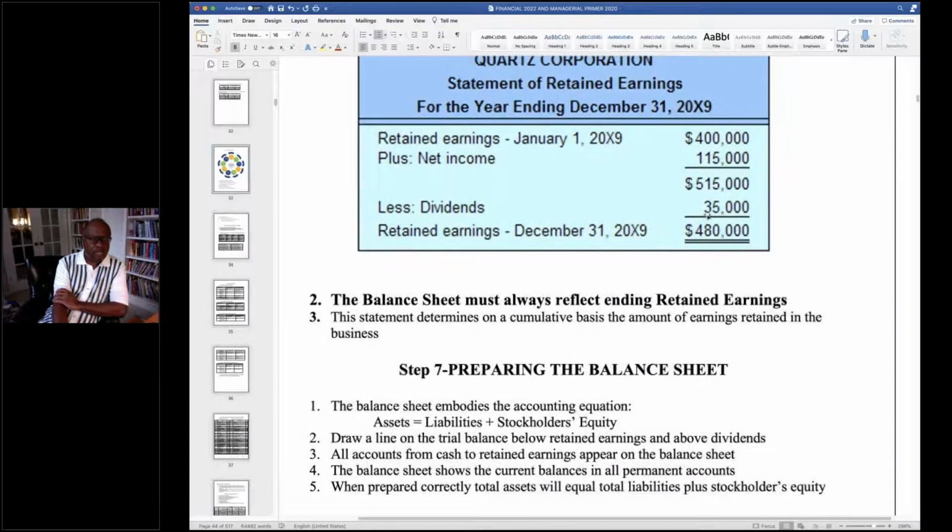So make sure that you make that adjustment. The balance sheet, notice this, must always reflect the ending retained earnings. I'll get some problems turned in, and that ending amount won't be there. But you can see I've got it up here big and bold.